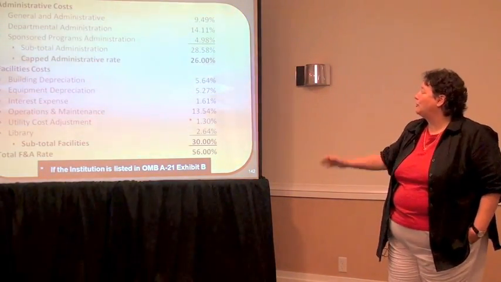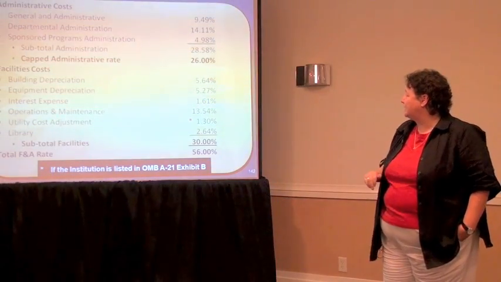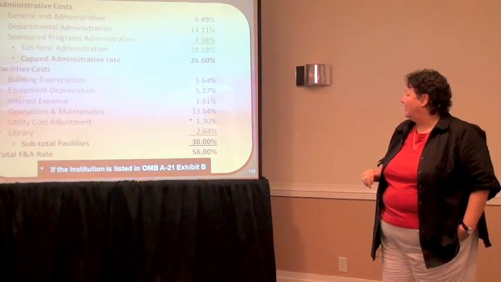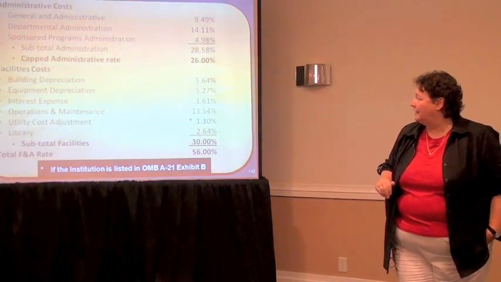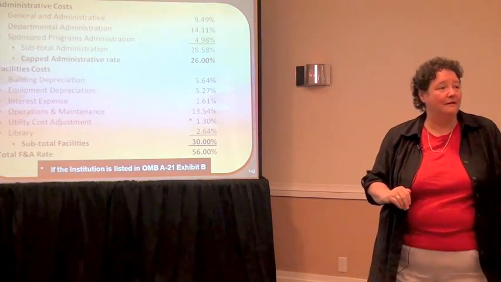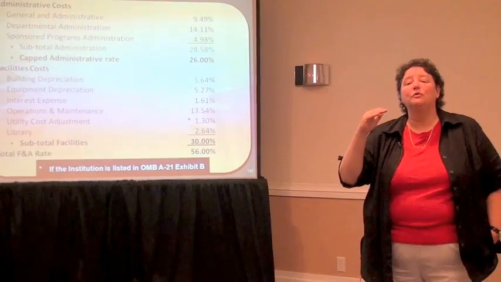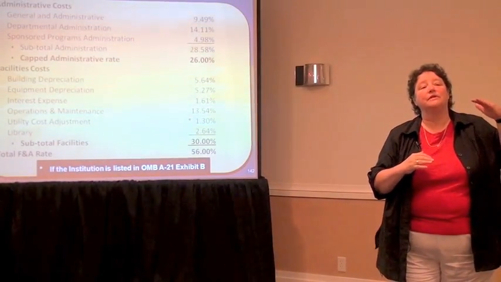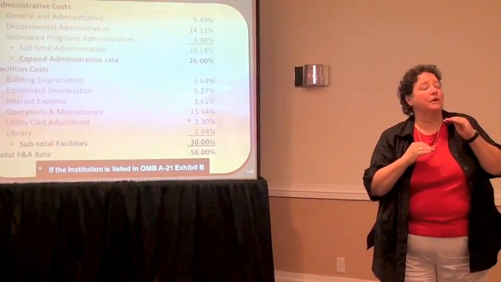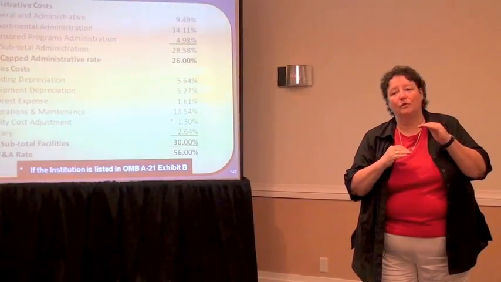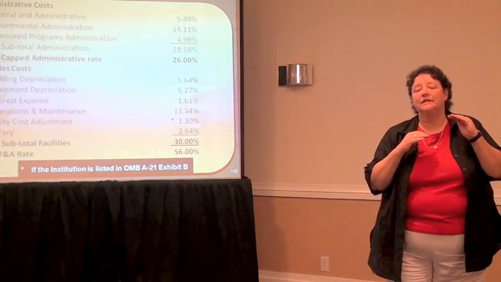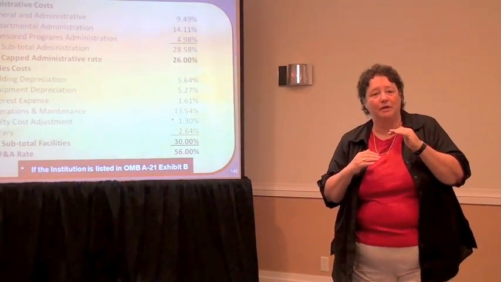Now, if you go to the bottom, look what takes the most money. It's operation and maintenance. It's the gas and electric bill. This will vary. When you see big variances in people's indirect cost rate, most of it are because of this category. In the Northeast, it is extremely expensive to heat buildings.